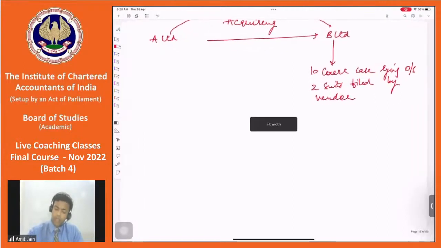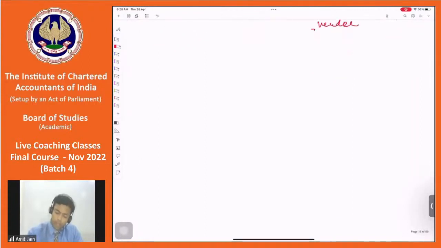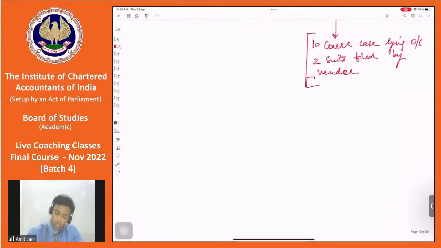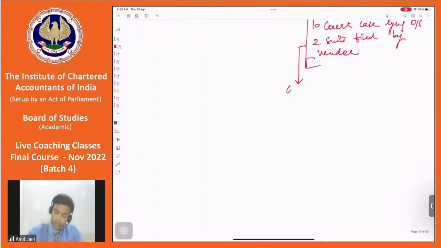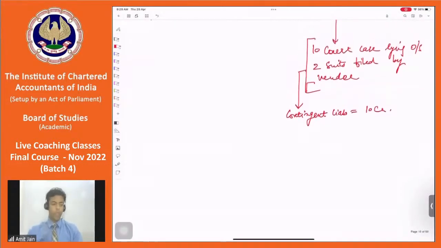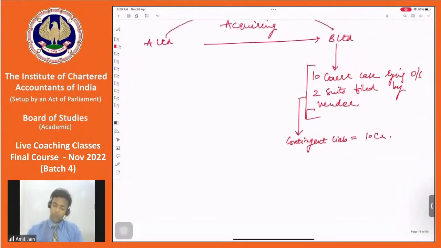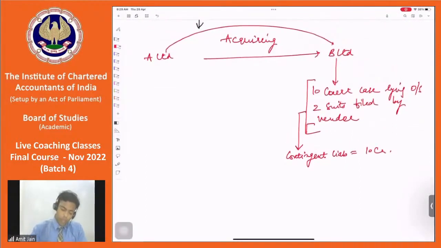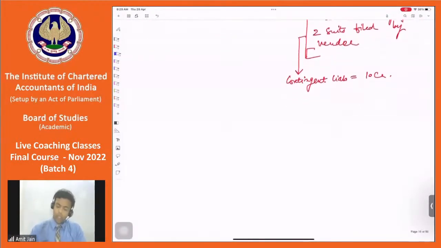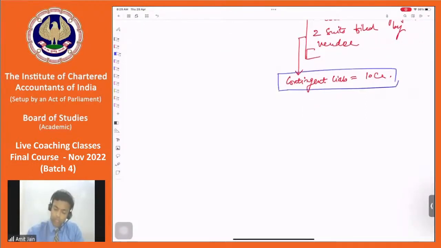And B Limited is disclosing this as contingent liability of, let's say, 10 crores. Right? So in business combination, as per Ind AS 37, this is a disclosure.